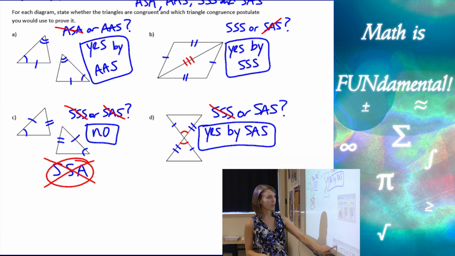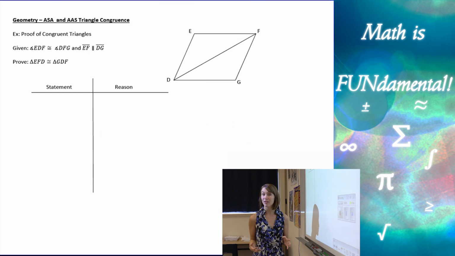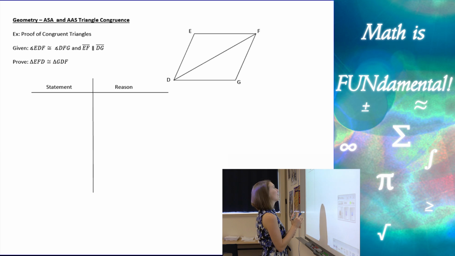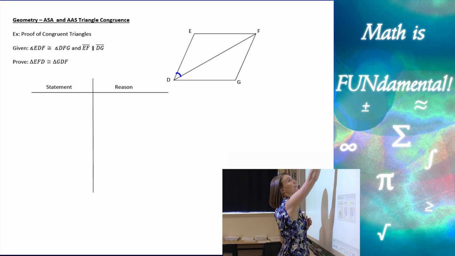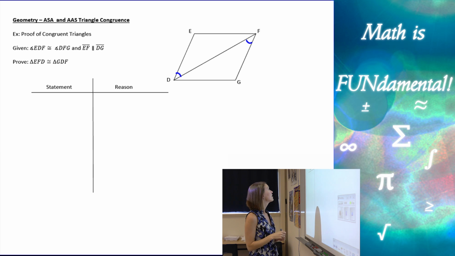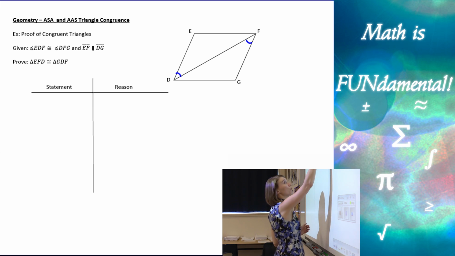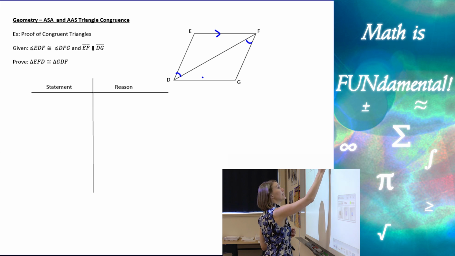All right, so let's close our lesson with one proof. More proof practice, the better. So here we are given, and we always want to draw it on our diagram, that angle EDF is congruent to angle DFG. So there they're marked. And segment EF is parallel to segment DG.